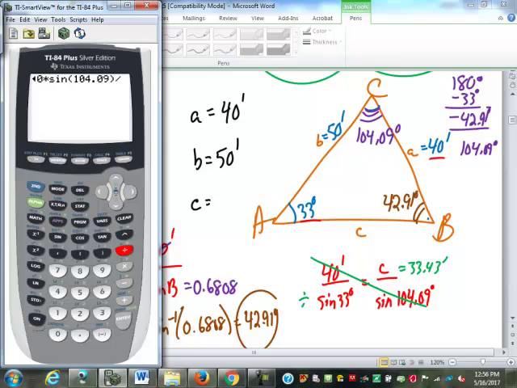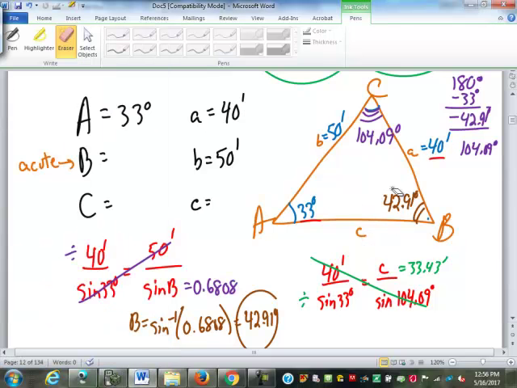It better be opposite the biggest side. So this side has to be bigger than 40 or 50, right? 71.23 sounds better. That's the biggest angle. That has to be the biggest side.